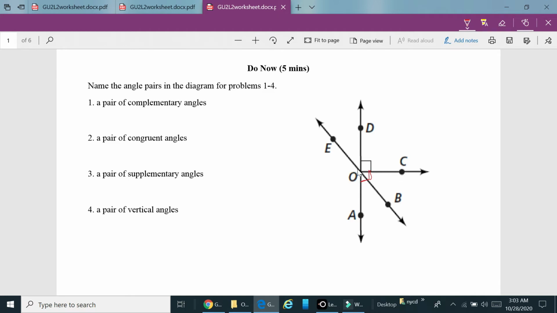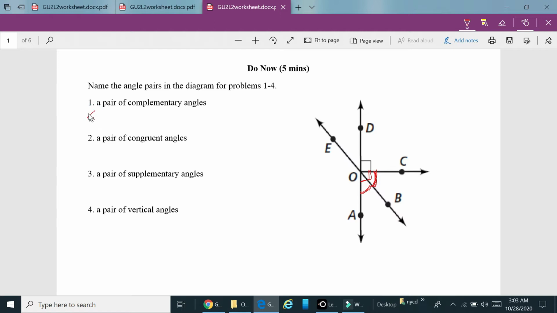And then you have a line right there. So I see COB. That's one angle right there. And BOA, that's also another angle. So I'm going to write it here.